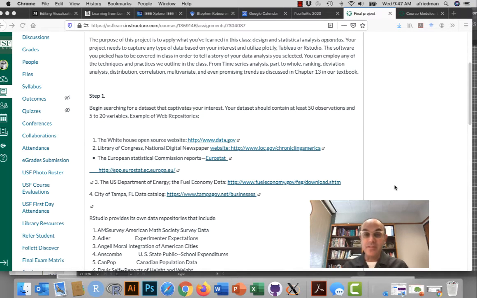Data.gov is the federal government data source that usually is quite elaborate, and you can find a lot of data. I know that the city of Tampa also has a data source that you can use, but it's not as open or accessible as the federal data source called data.gov.